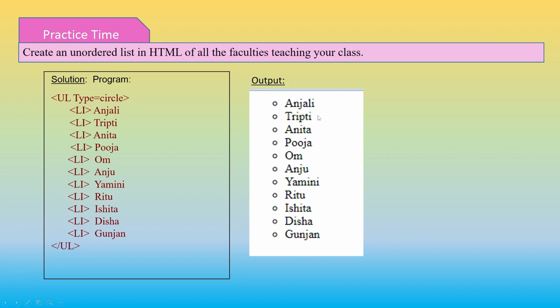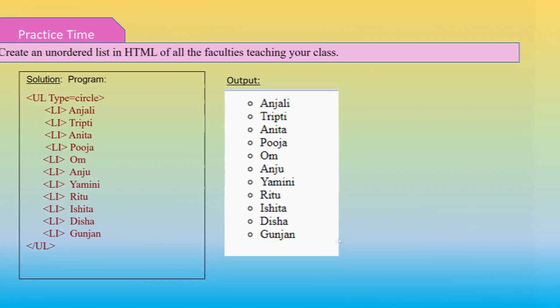So for this I will be writing the program of unordered list. Just start with UL and type circle. You can see these are the circle bullets. So type equals circle, then I will write all the item names, then I will close this with /ul, and after reading this in a web browser, we will get this type of output.